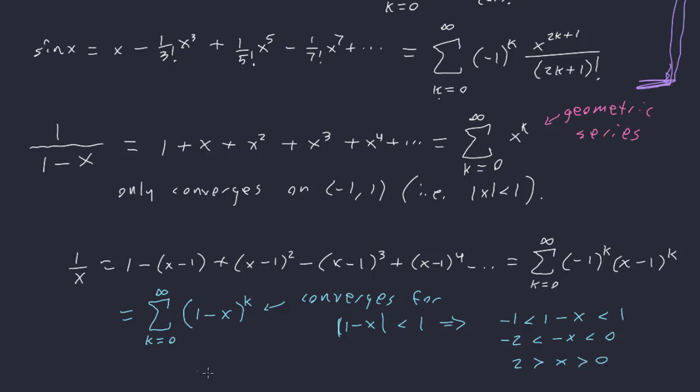So the interval of convergence here is 0 to 2. However, the radius of convergence is still just 1, because it's half the length of this. So it has the same radius of convergence as this geometric series, it's just shifted over. Which actually makes some sense because this is literally just shifting this one over and then alternating it.